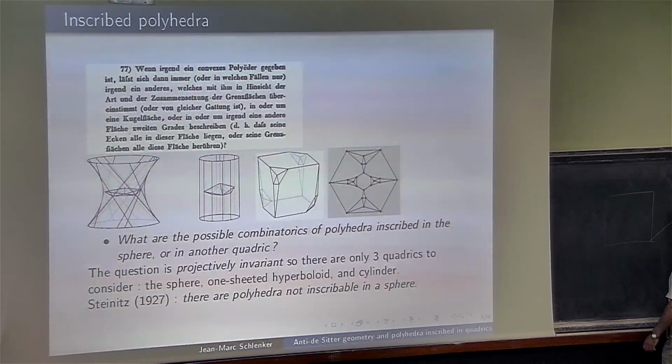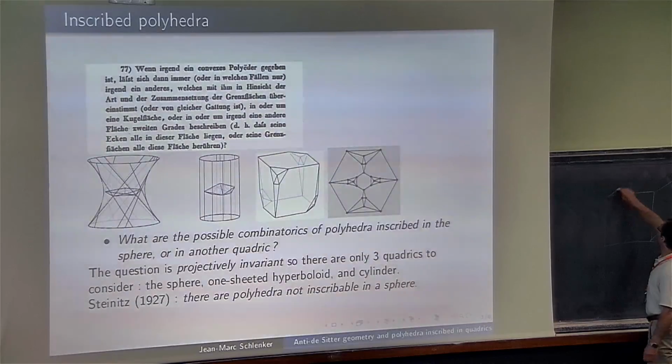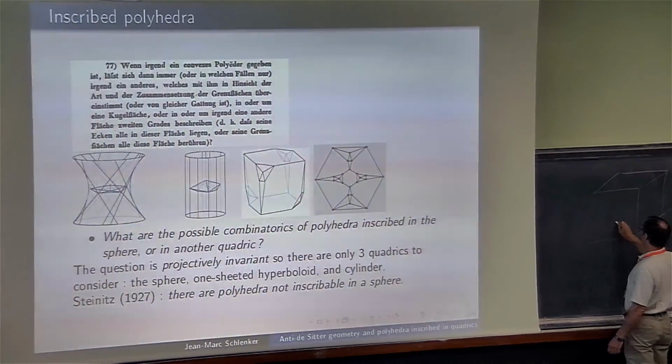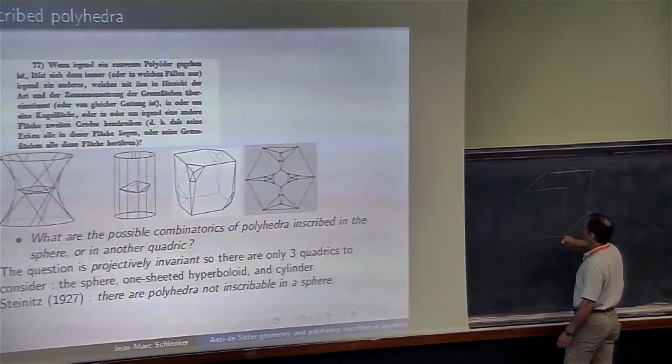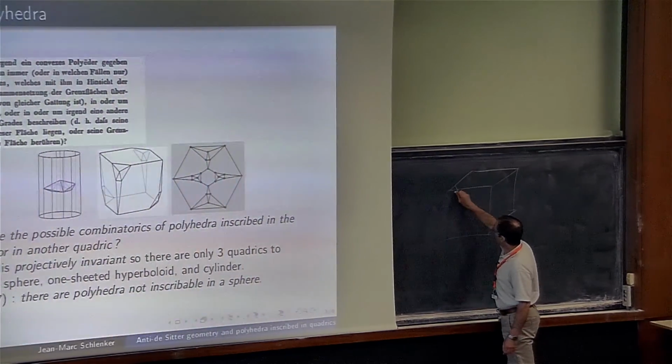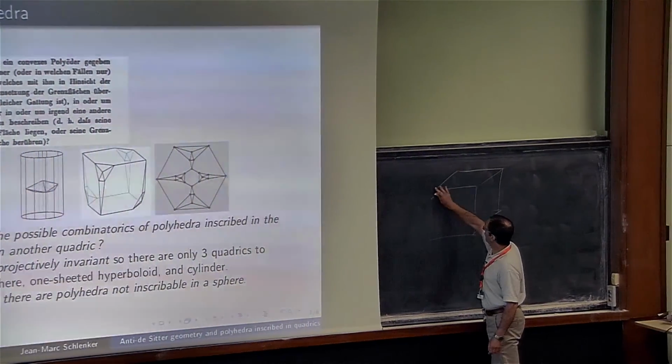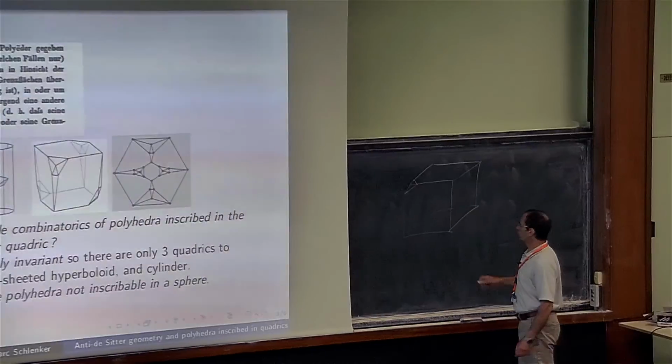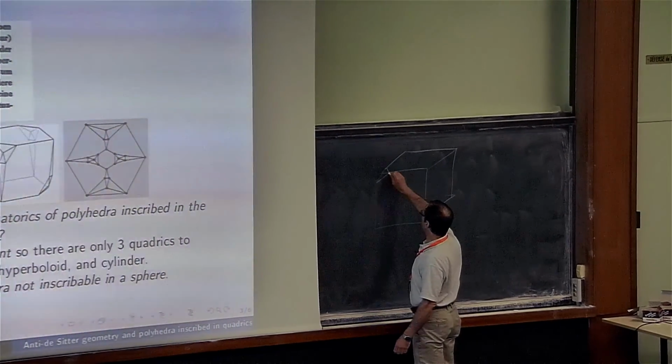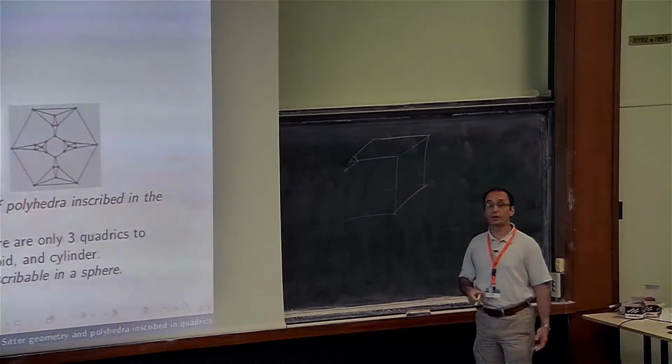This is a nice statement in elementary geometry. You can take a cube like this, and you can truncate a vertex. And a basic statement is that this polyhedron cannot be inscribed in any quadric.